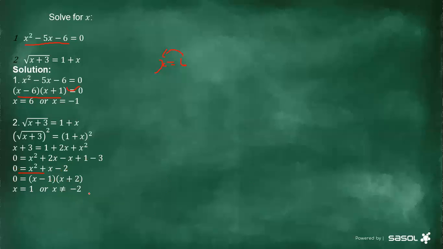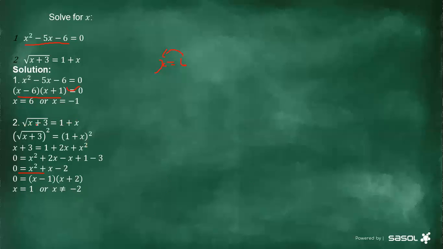Then I repeat, after solving this one, you have to test your answers to see whether the left hand side is equal to the right hand side. If you take positive 1, here it's 1 plus 3, which is 4, square root of 4 is 2. And if you put 1 here, it's 1 plus 1 is 2. So the left hand side is equal to the right hand side. And then let's go for negative 2.